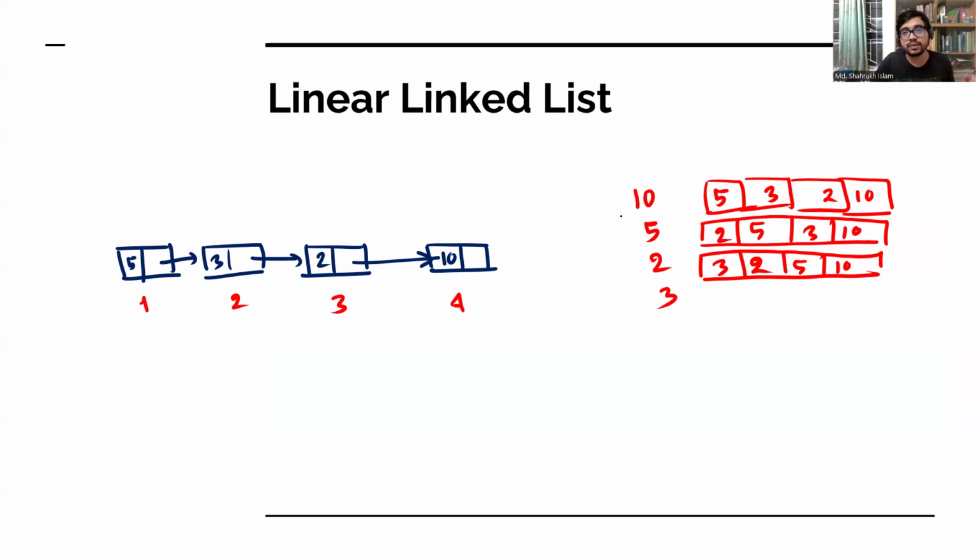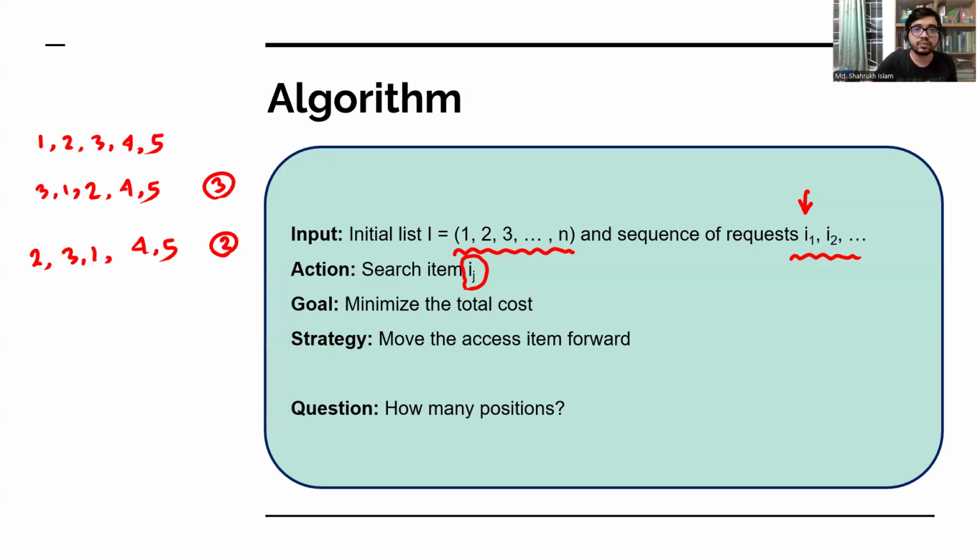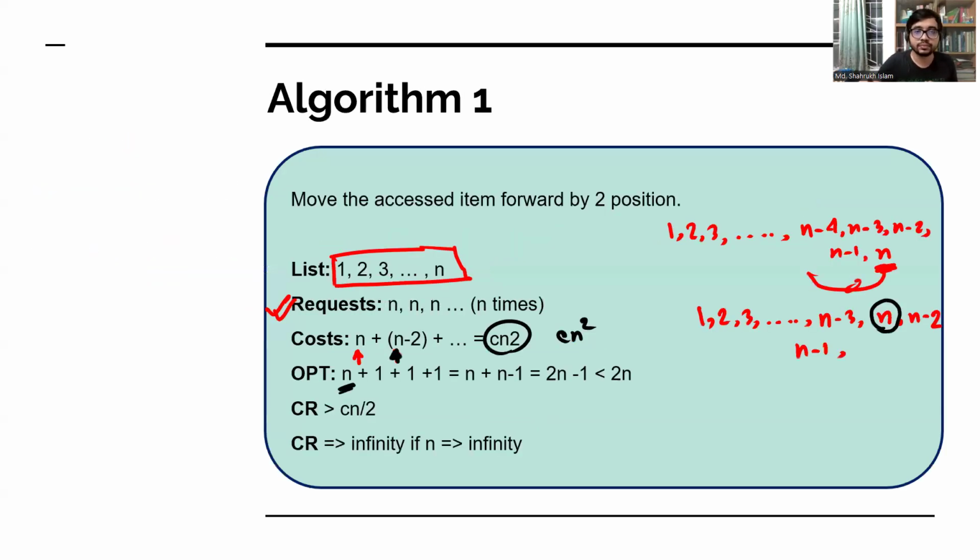So let's say after accessing 10, our linked list looks like this, and accessing 5 costs a constant amount of time, or 1 unit of time, because 5 is at the first position. So the optimal solution will give n plus 1 plus 1.